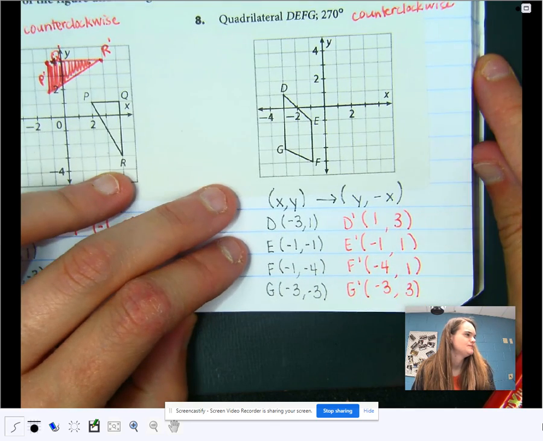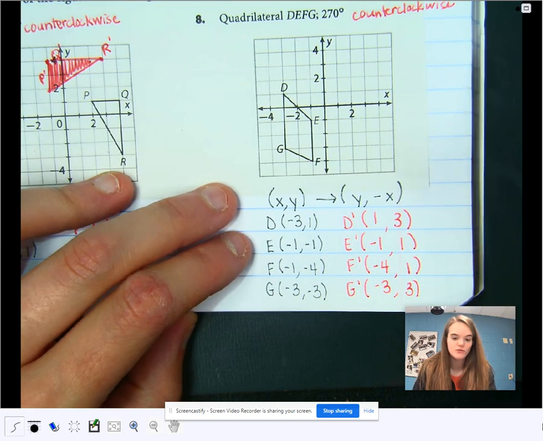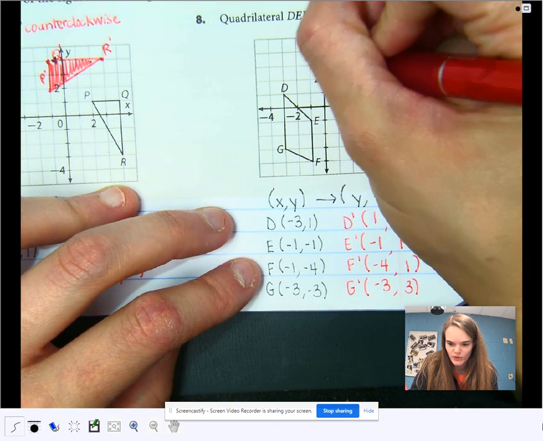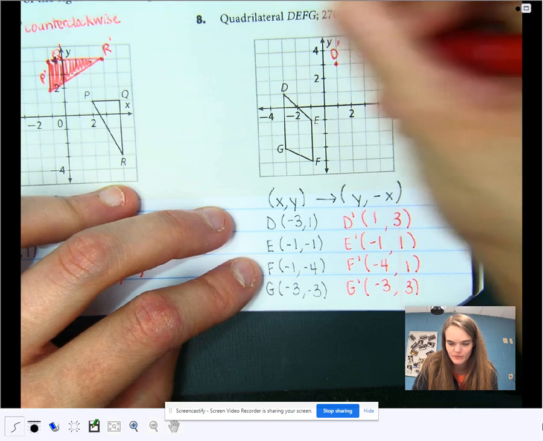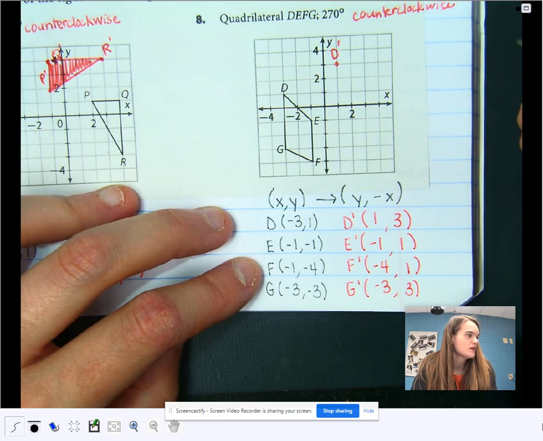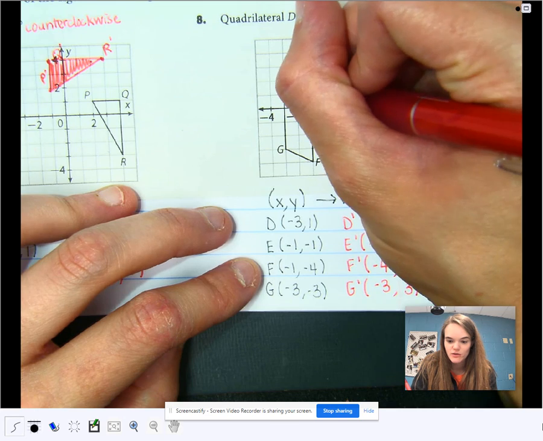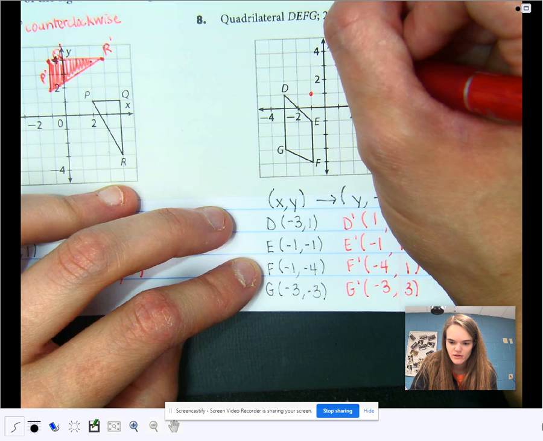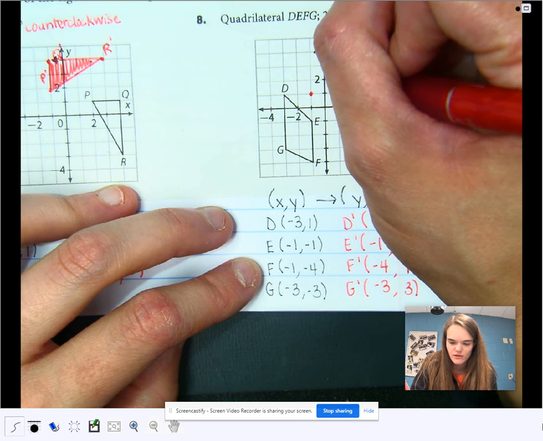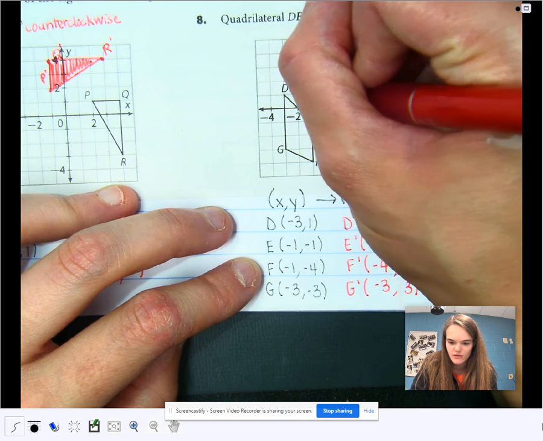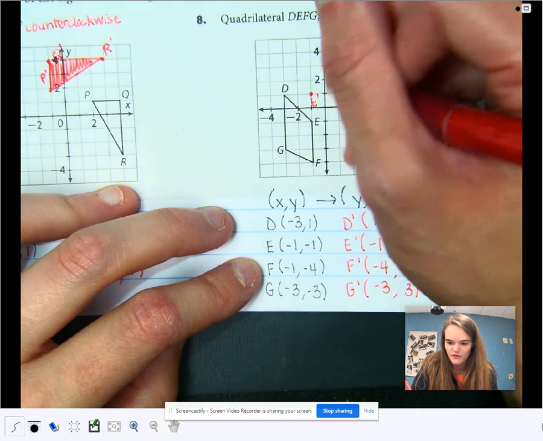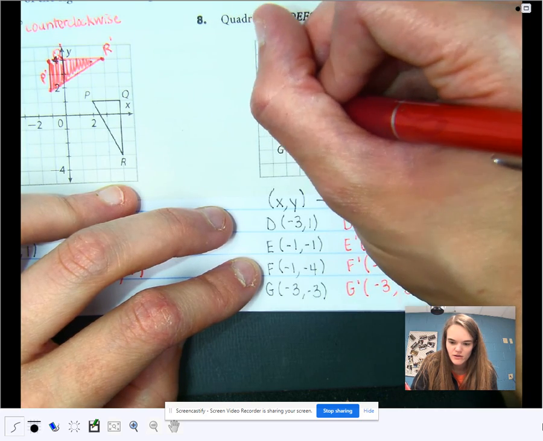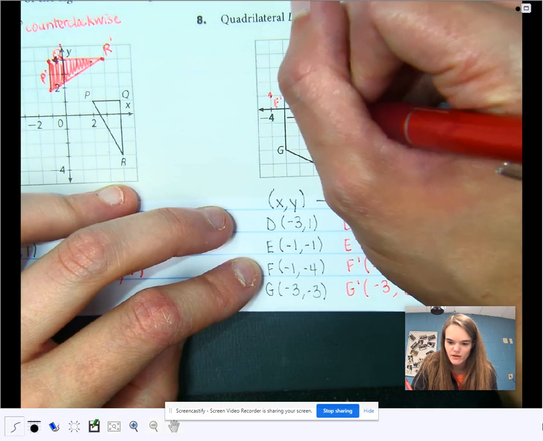Now I'm going to graph it. Oh, are they all? Yeah, they're all positives. Okay. 1, 1, 2, 3. D prime. Make sure you're labeling it or it is not correct. Negative 1, 1. Negative 4, 1. Negative 3, 3.